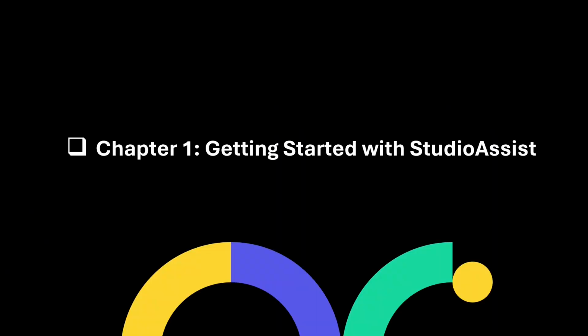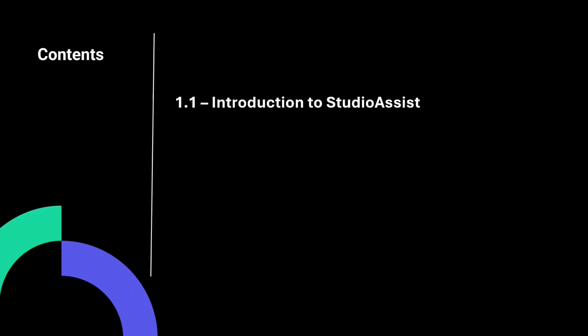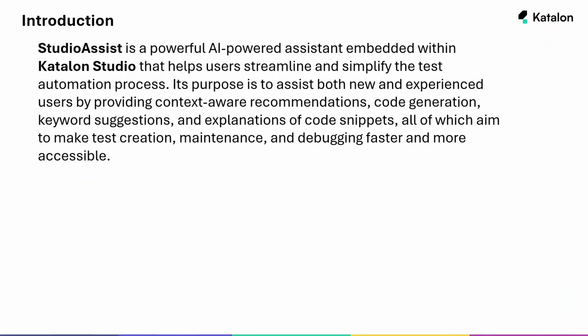Chapter 1, Getting Started with Studio Assist. As part of section 1 in chapter 1, I'm going to introduce you to the Studio Assist. Studio Assist is a powerful AI powered assistant embedded within Katalon Studio that helps users streamline and simplify the test automation process.